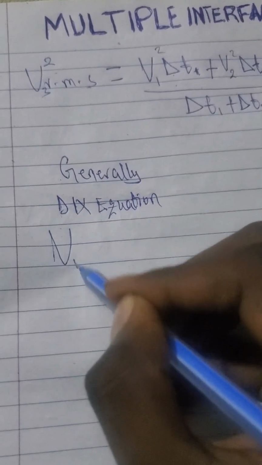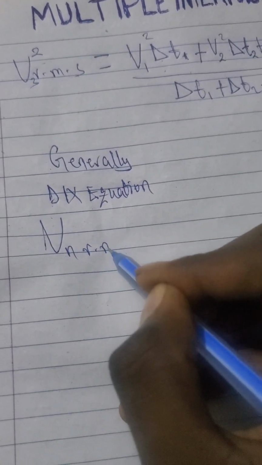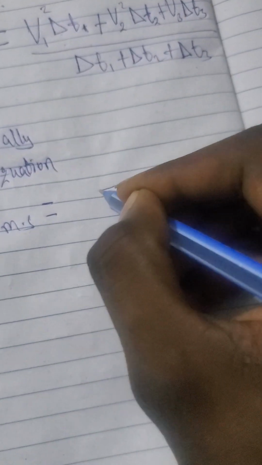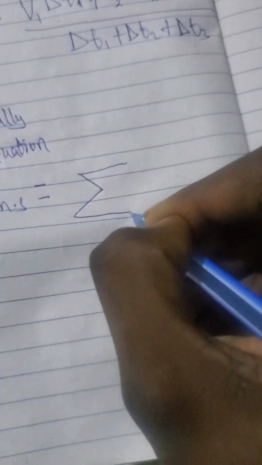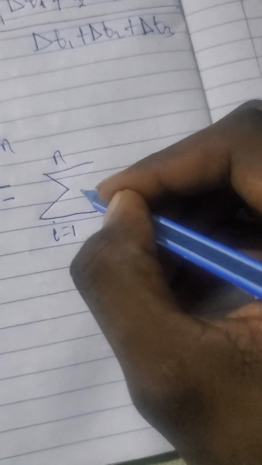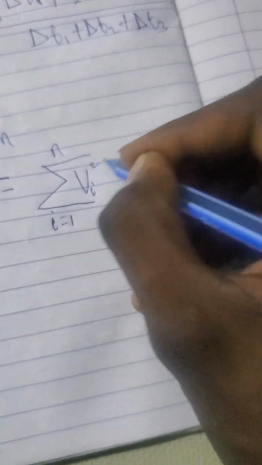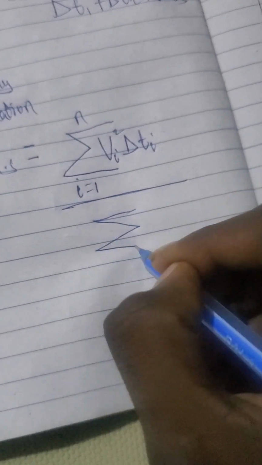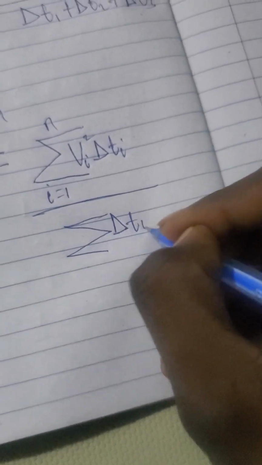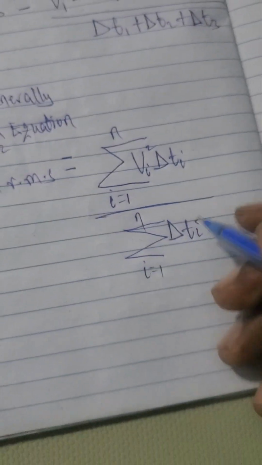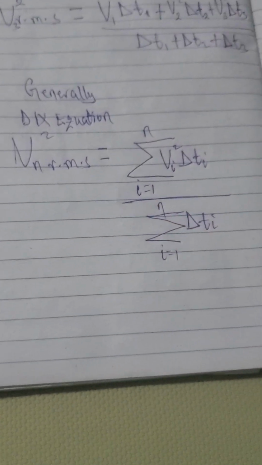The root mean squared velocity for the nth layer, squared, will be the same as the summation from i equals 1 to i equals n of the velocity of a certain layer squared, times the one-way vertical travel time of that layer, divided by the summation of the vertical travel time from i equals 1 to i equals n. So this is the Dix equation.